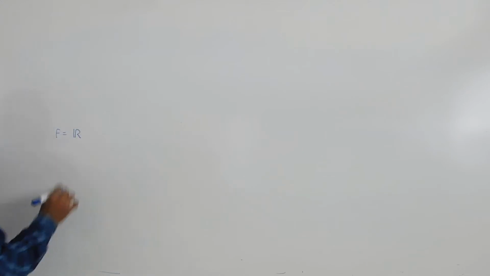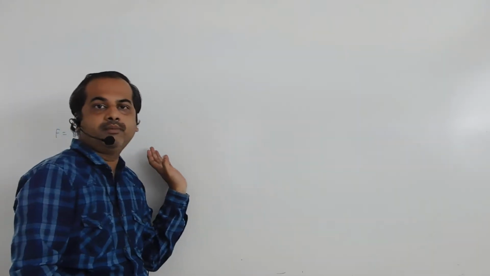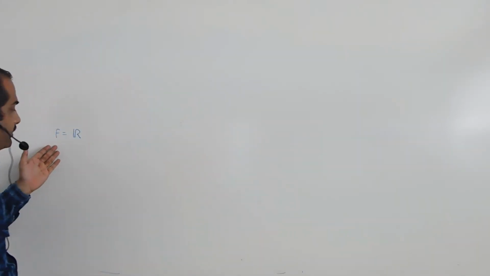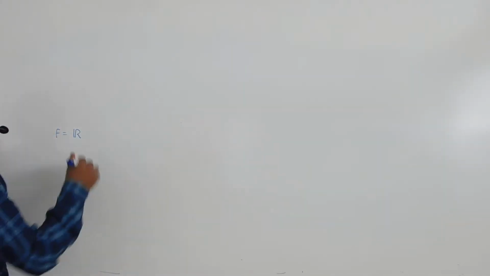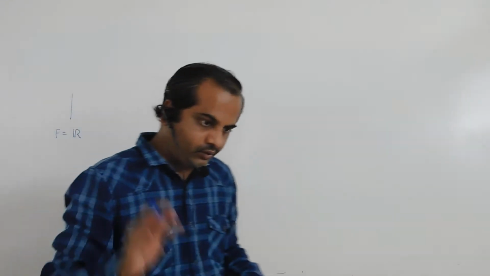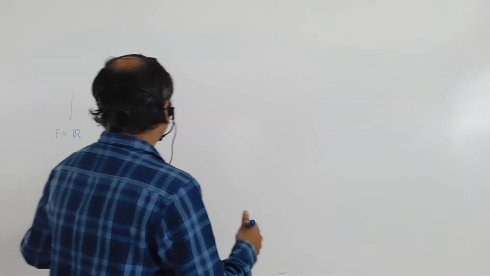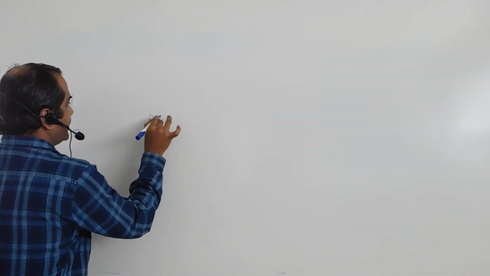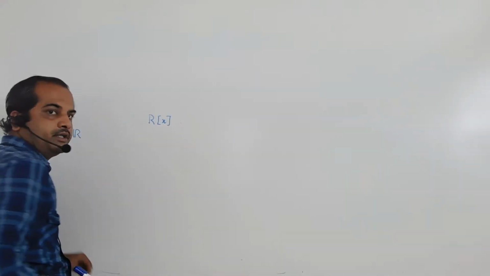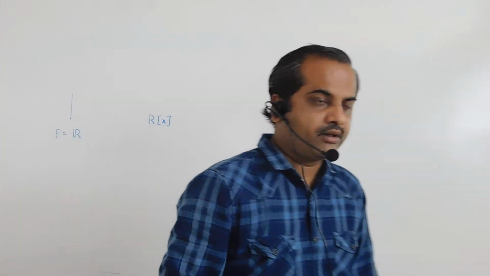For example, if F is equal to the set of real numbers under usual addition and usual multiplication, this becomes a field, as we know. Then find all the polynomials over R, which we denote by R of x, the set of all polynomials of degree n generally.